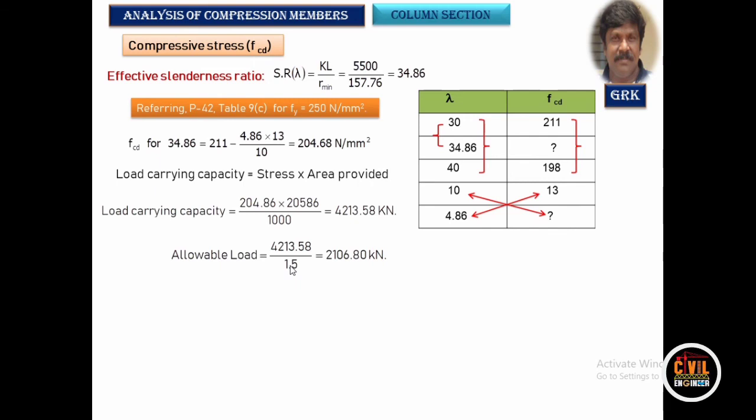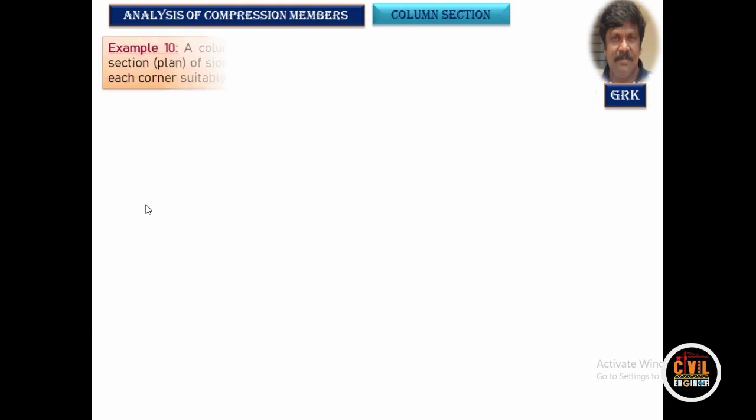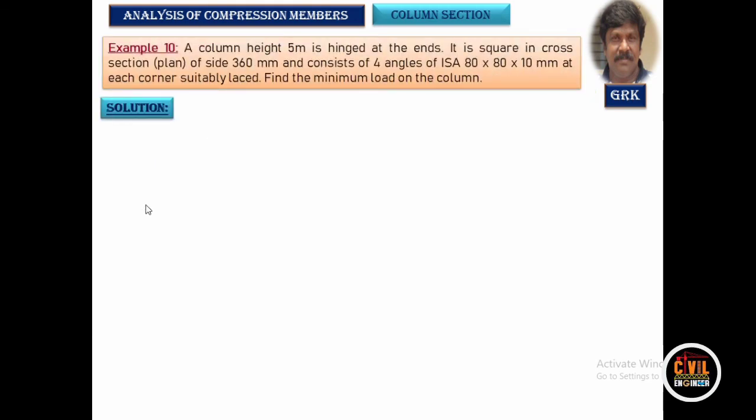For the allowable load, safe load or working load, whatever you call, you divide this ultimate or factored load by the partial safety factor of 1.5, and you'll get the safe load. That is 2106.8 kilonewton. Let's go into the last problem of this session.